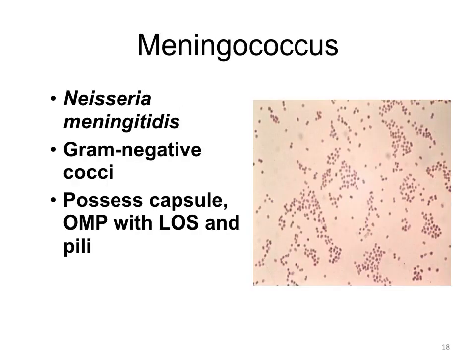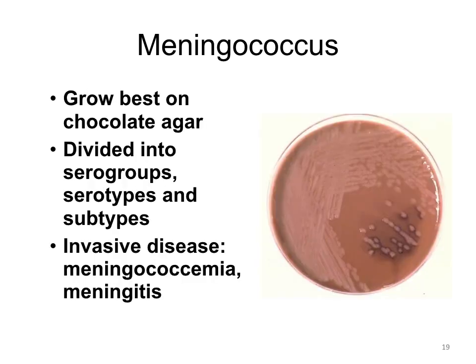We come now to meningococcus or Neisseria meningitidis. These organisms possess a capsule. They also have an outer membrane protein with lipo-oligosaccharide as well as pili. They grow best on chocolate agar and are divided into serogroups based on the type and arrangement of sugar or polysaccharide in the capsule.